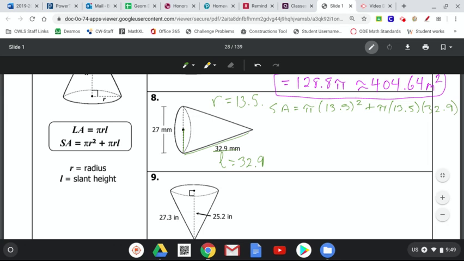Now, when we do that, we should get 182.25 pi plus, and that's from doing 13.5 squared, okay? And then we multiply 13.5 times 32.9 and get 444.15 pi.